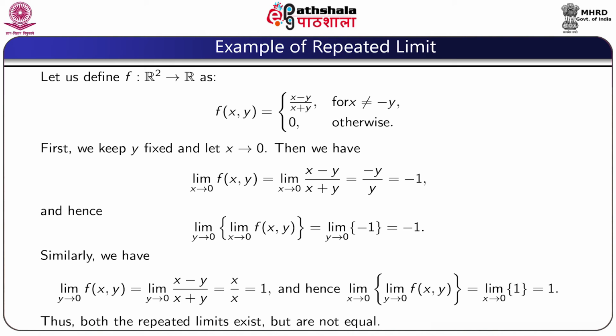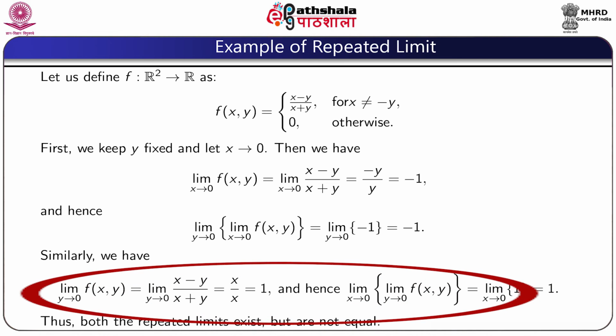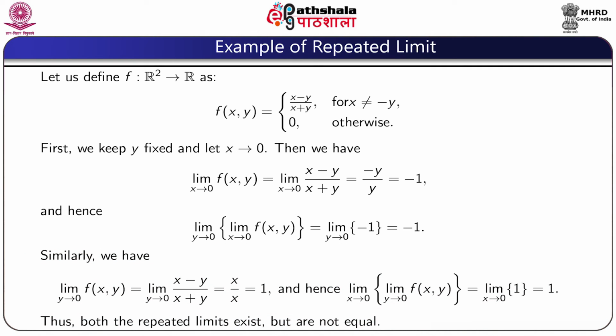Consequently, the limit as y tends to 0 of the limit as x tends to 0 of f(x, y) equals minus 1. Similarly, the limit as x tends to 0 of the limit as y tends to 0 of f(x, y) equals 1. This example shows that both the repeated limits exist but may be unequal.